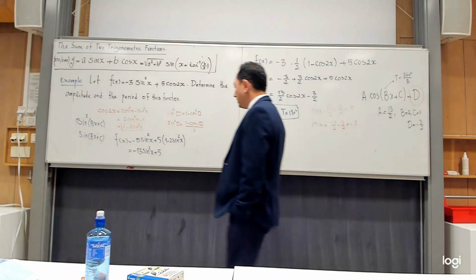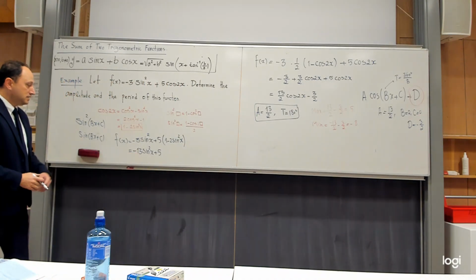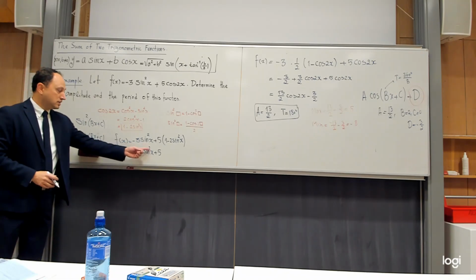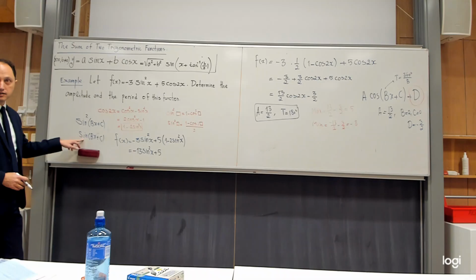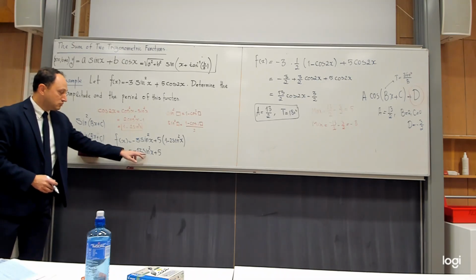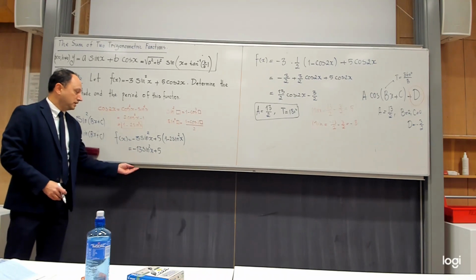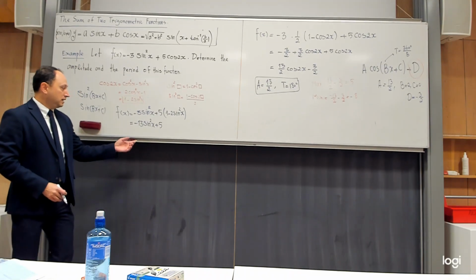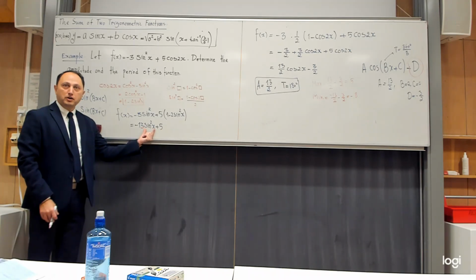Now, if I ask you what is the amplitude here, this is hard to answer because this is a sine squared function. We have already studied these kinds of functions. Yes? But if I ask you what is the maximum and minimum, you can answer. Can you tell me what is the maximum here? If I want to make it maximum, I should make it as small as possible.